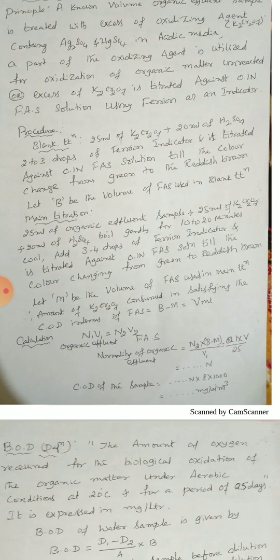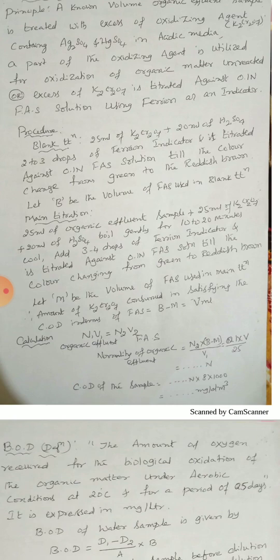Add 2 to 3 drops of ferroin indicator and titrate against 0.1 N FAS solution until the color changes from green to reddish brown. Let B be the volume of FAS used for the blank titration.